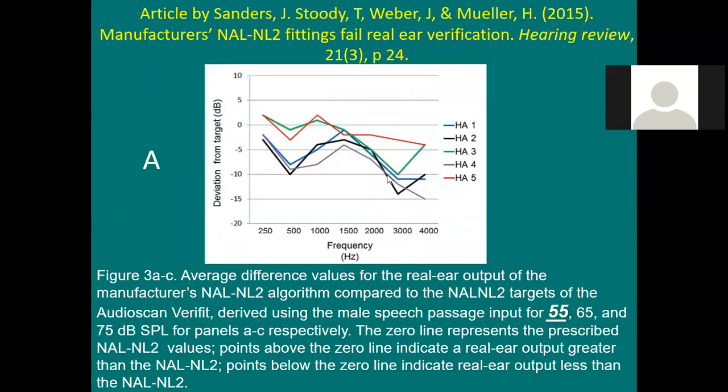You might have found you were pretty close to the NAL targets as seen on the Real Ear software, but you were shy of NAL targets on Real Ear. You were meeting NAL targets on Starkey software, but you were short of NAL2 targets as seen on the Real Ear equipment. Because the Real Ear equipment isn't grabbing Starkey's version of NAL2 and putting it in. The Real Ear has its own version of NAL2.